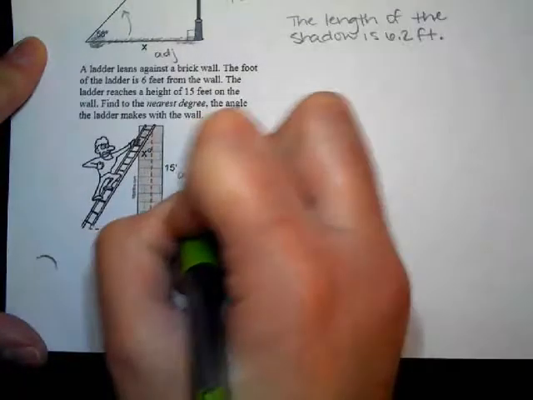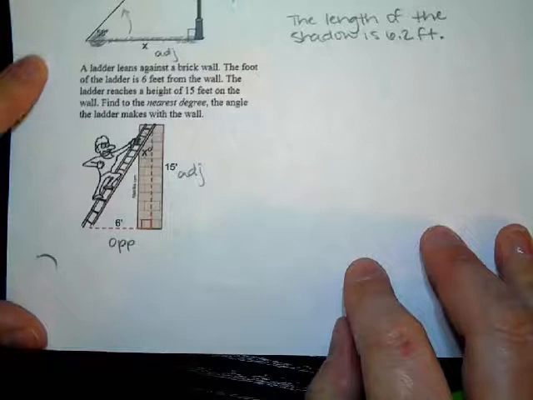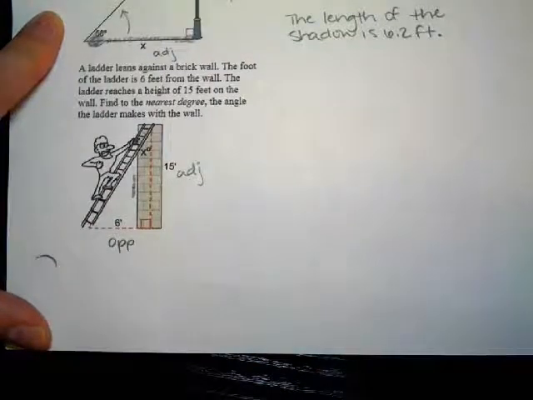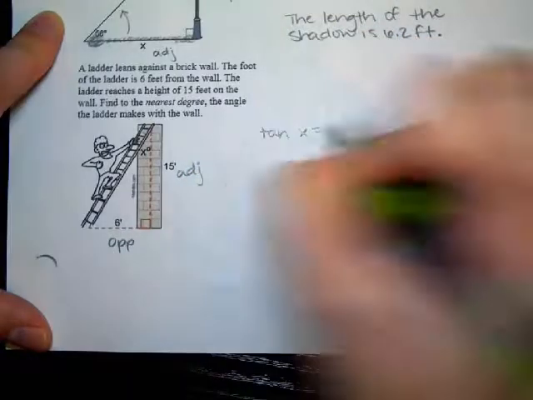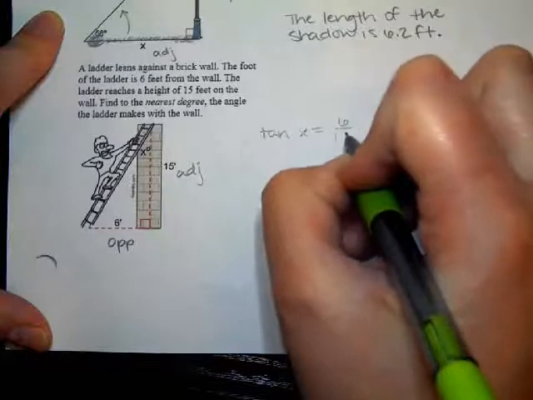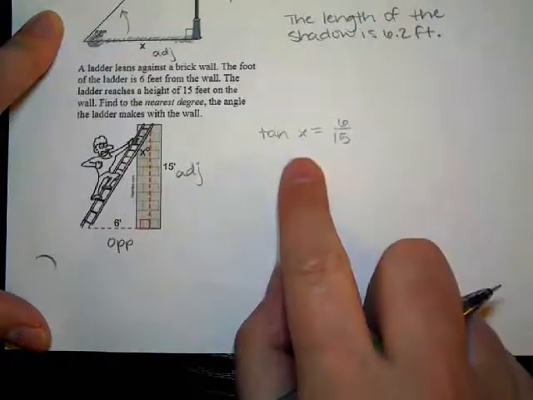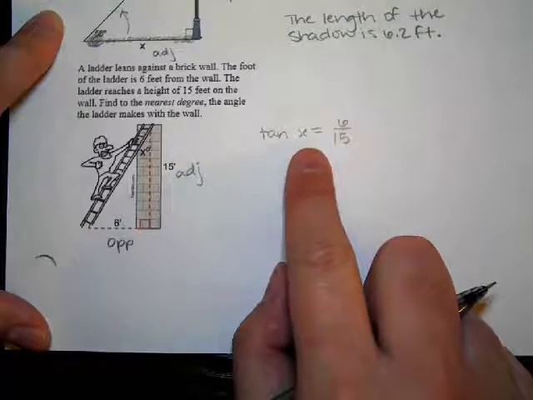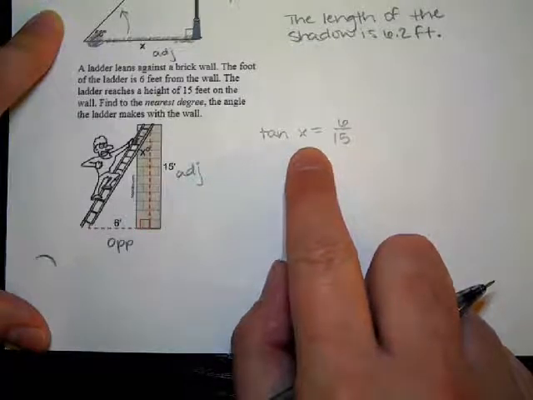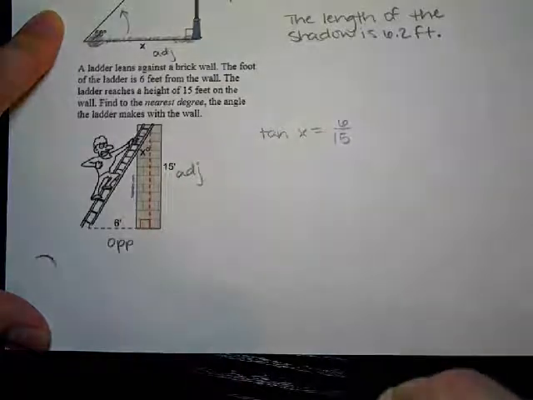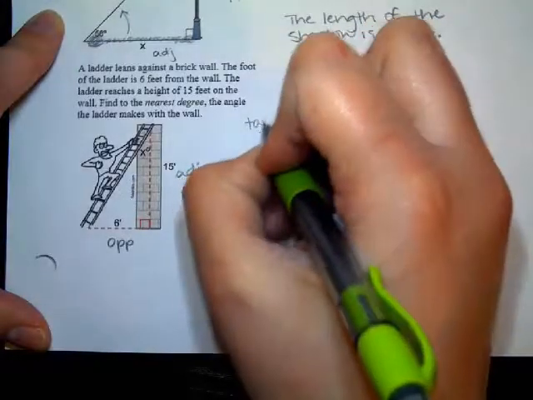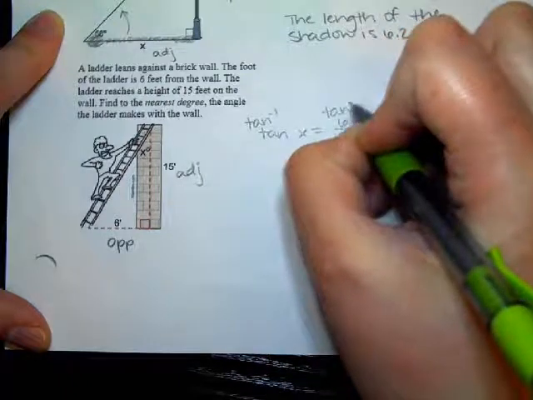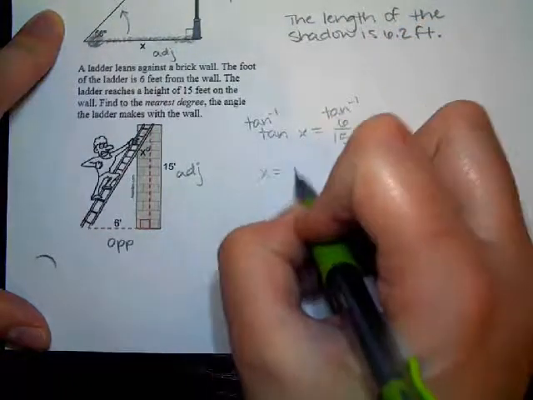Okay. And so which trig function are we doing? Tan. So we've got tan x equals opposite over adjacent. And what are we going to do to solve for x? Kind of like divide by tan, but what do we actually call it? Tan minus 1, what do we actually call that? Tan inverse. So we're going to do tan inverse. So x equals tan inverse of 6 over 15. And what do we type on our calculator?